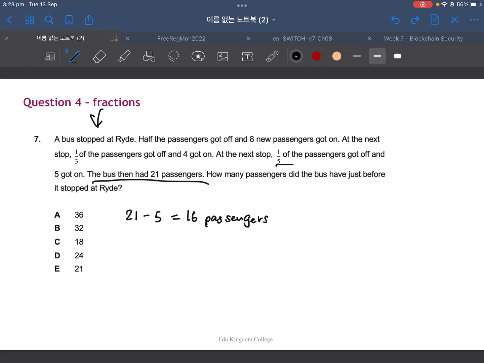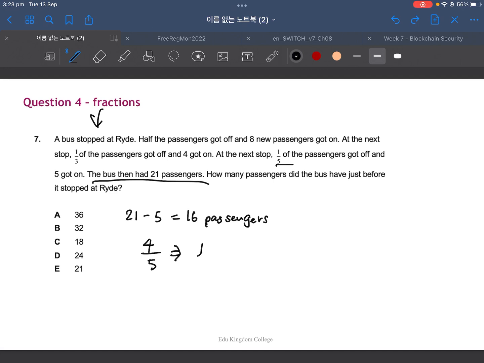If 1/5 of the passengers got off, and there were only 16 passengers left, that means that 4/5 corresponds to these 16 passengers. Where did I get the 4/5? If 1/5 get off, guys, then of the total, 4/5 is left.